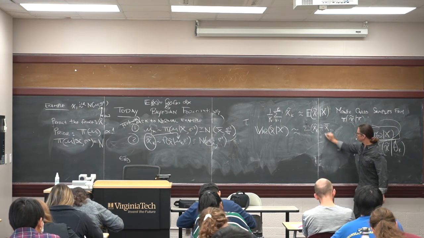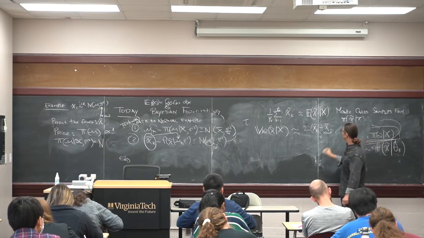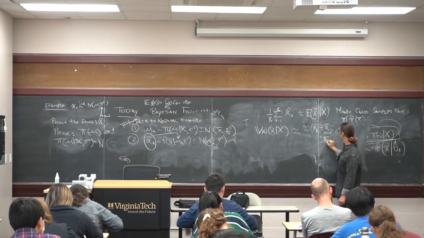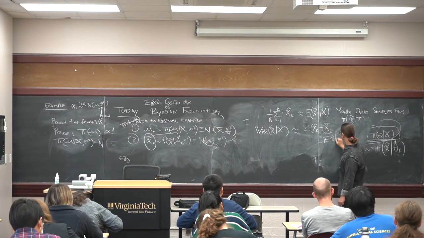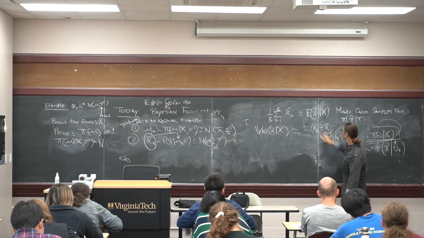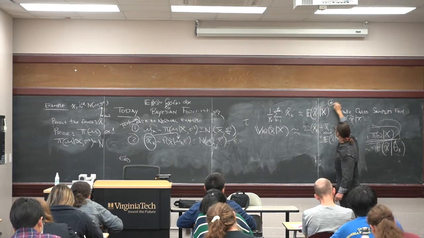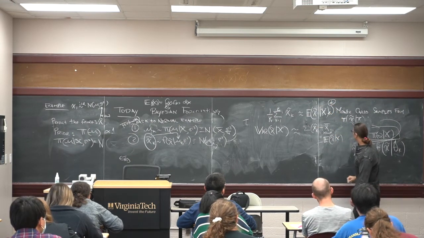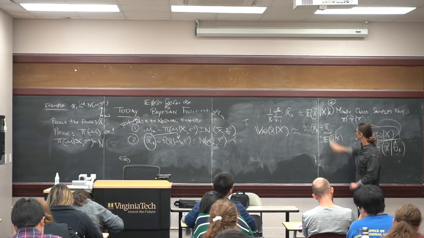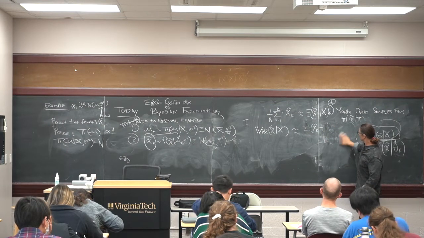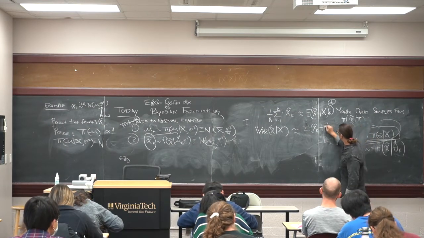That's terrible notation. But that just means it's the expectation of x tilde given x. It's this thing. So you're going to plug that thing in. So we'll do that. Let's give us some better notation.